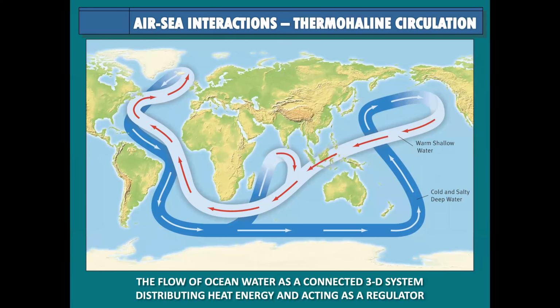Here's an example of what's called the thermohaline circulation. And again, that is thermo, heat, haline, salt. It's a three-dimensional circulation that distributes heat across the Earth.